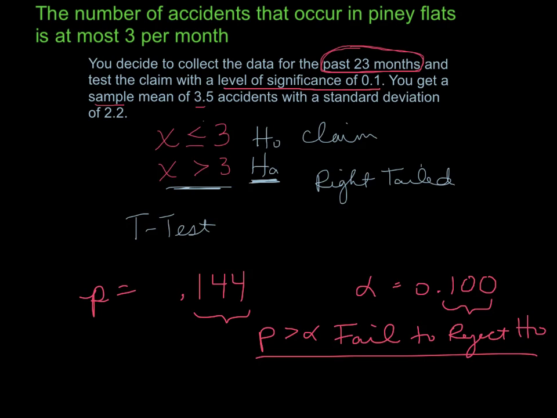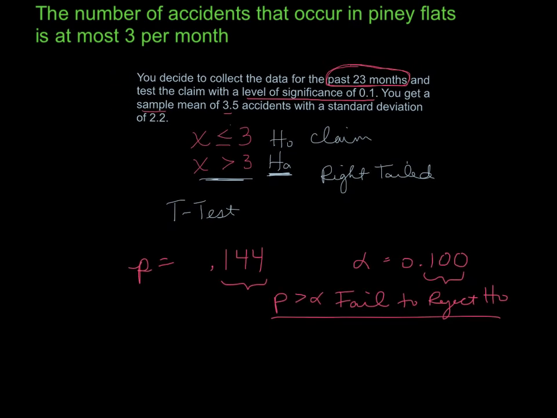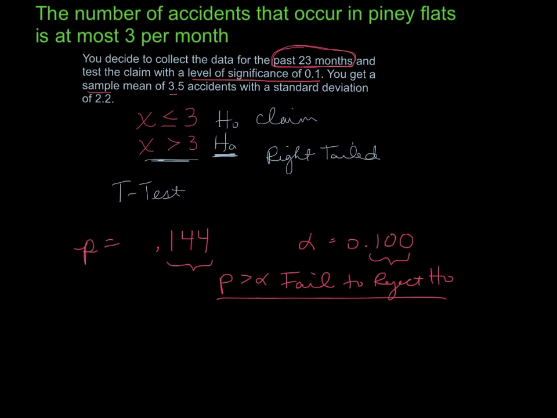Now we're going to go to the chart that you were to copy down from the book about what our final decision about the claim is. And because we failed to reject the null, that means we have to look in that row. And again, the claim was a null. So our final decision about the claim that we copy from that chart is that there was not enough evidence.